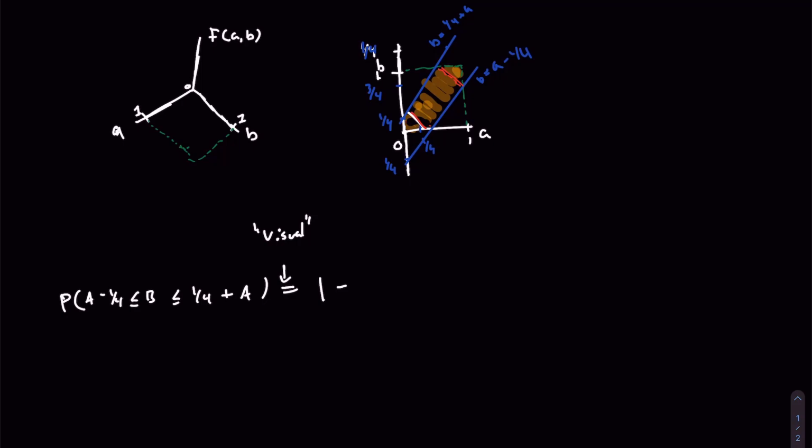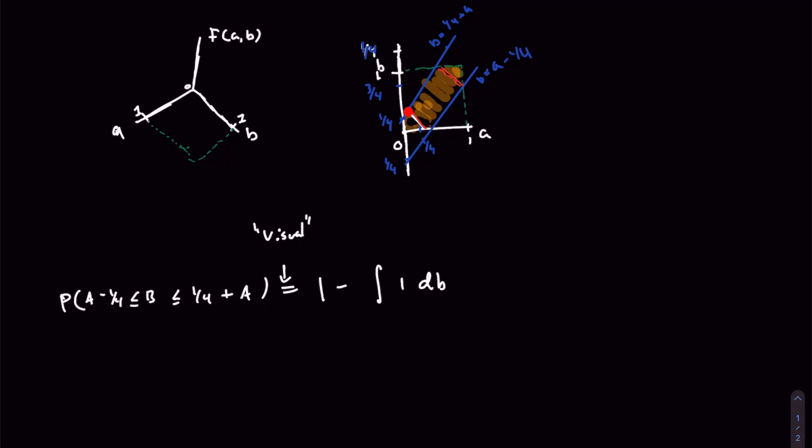Okay, 1 minus, so let's think about what is the first probability. Let's start with the inner integral. I'm going to integrate with respect to b first. The density, because it's uniform, is 1. I'm now taking the integral in this direction. So we want all those slivers going in this direction, and the upper limit has to be 1, right?